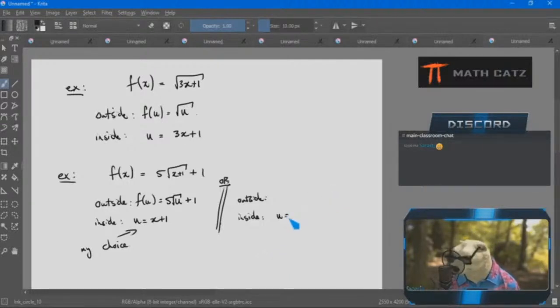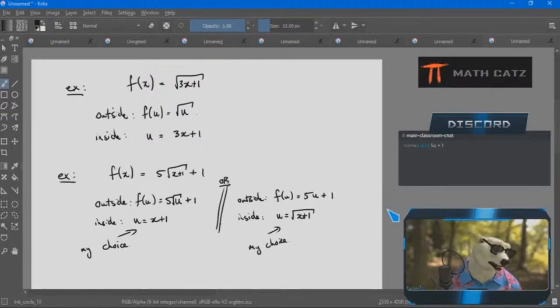I don't know. Square root x plus 1. That's not any better. Then once I've made that choice, the outside function has to fit with it. And the outside function in that case has to be 5u plus 1.